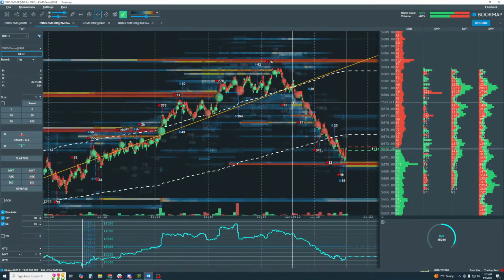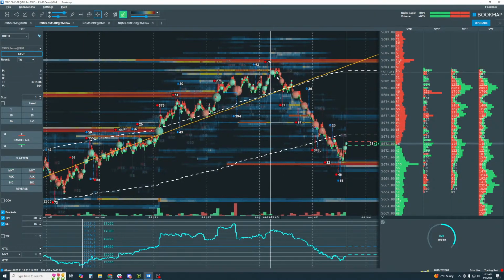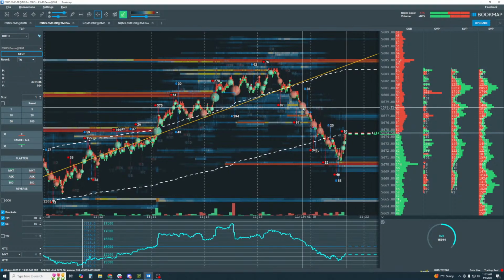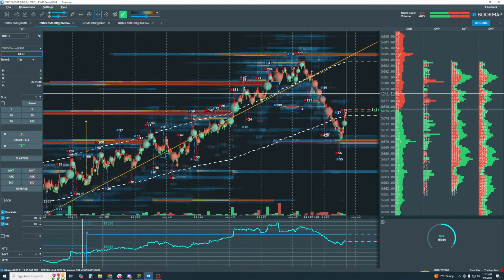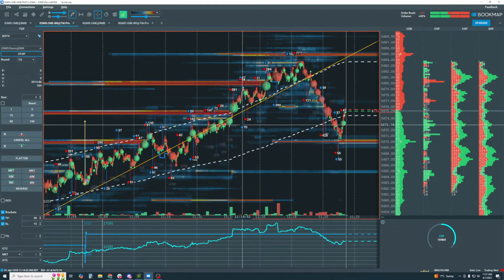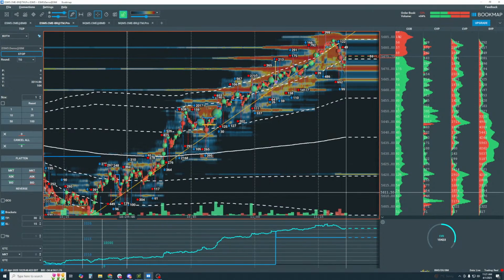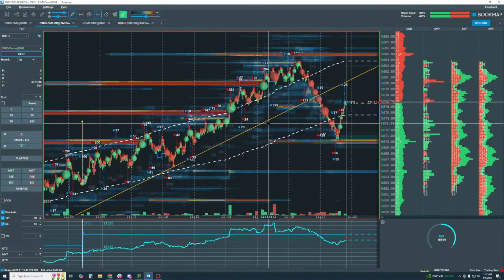This is what we've been looking for after trading through some of these highs in here. And there was no chance to get in really unless you just hit market sell. And now we're getting a pullback.